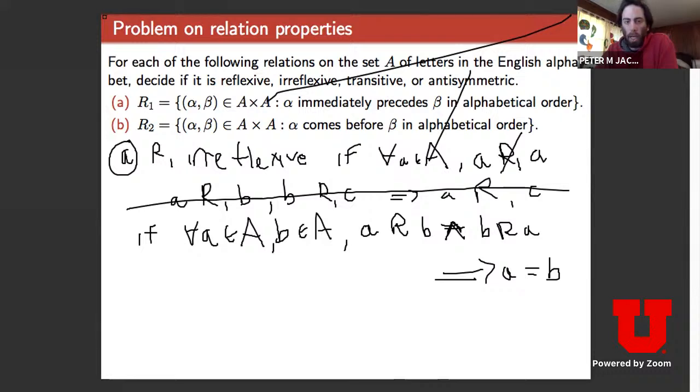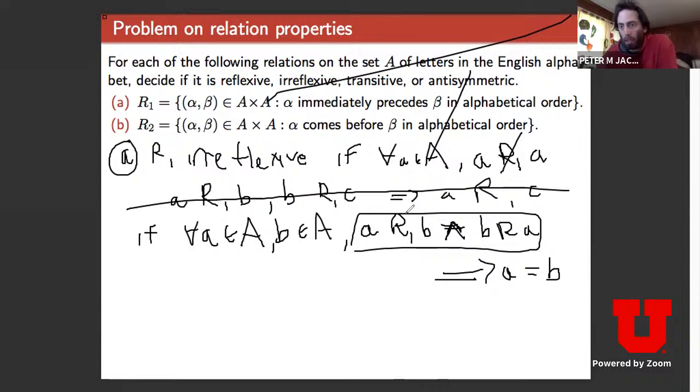So this one is tricky. The issue is that it is antisymmetric because this implication never holds. The antecedent in this implication is never true, so the statement is trivially true. If a is R1 related to b, that means a immediately precedes b.